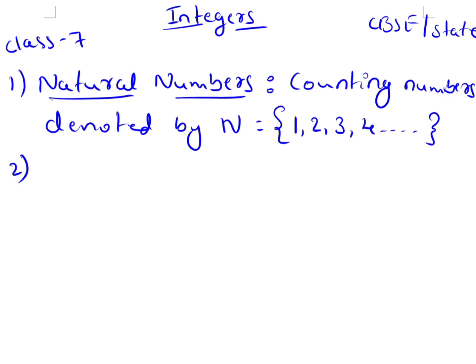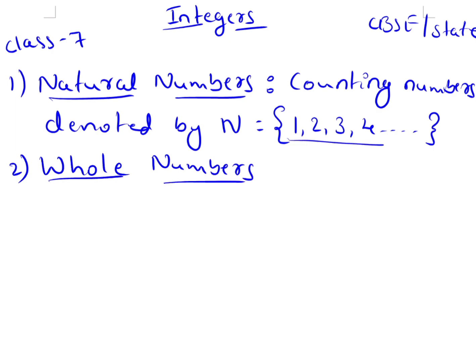Let us know the second one. It is whole numbers. In our number system, not only these counting numbers are there. We also have 0.